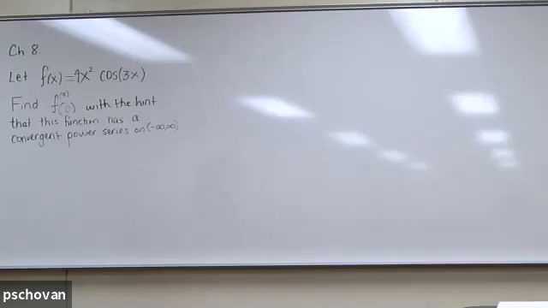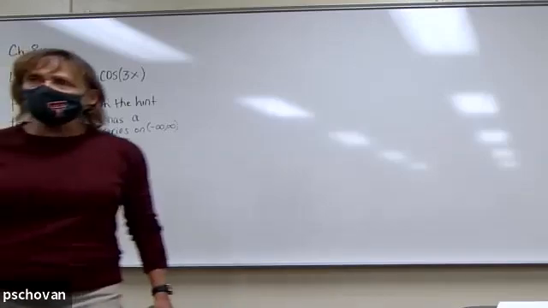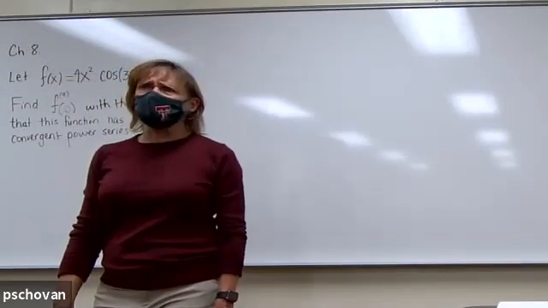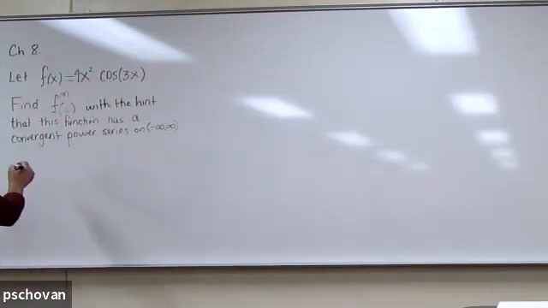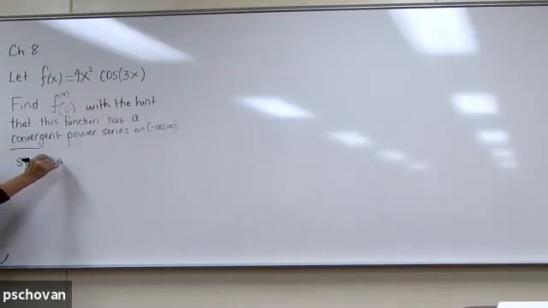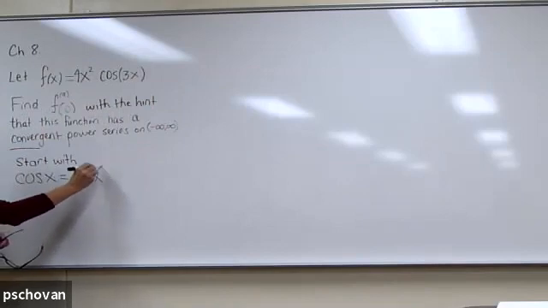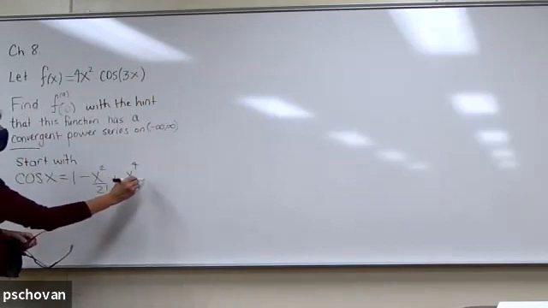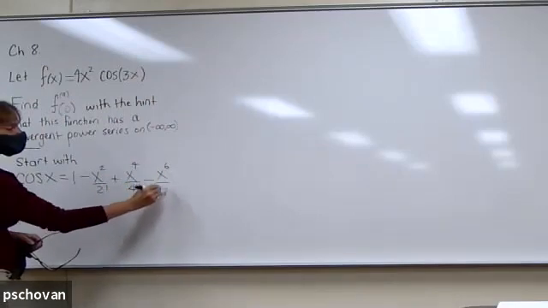We're going to start with the known Maclaurin series for the cosine of x. Was the cosine the even function or the odd function? It's the even one, so that's easy to remember. So we'll start with the fact that the cosine of x looks like 1, alternating, remember that, minus x squared over 2 factorial plus x to the 4th over 4 factorial minus x to the 6th over 6 factorial.